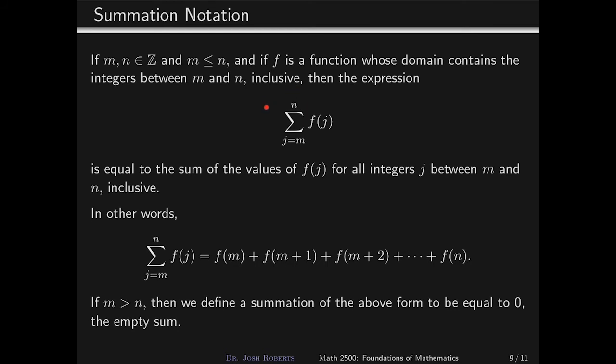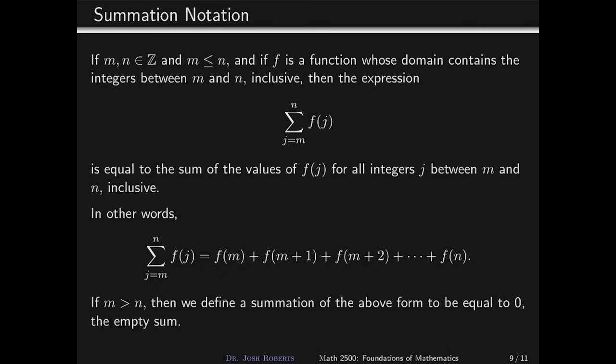We can have this expression right here: the sum as j goes from m to n of f of j. All that is, is the function starts at m, where my summation index begins, and goes up to n.